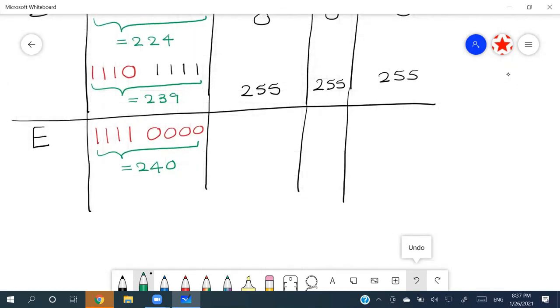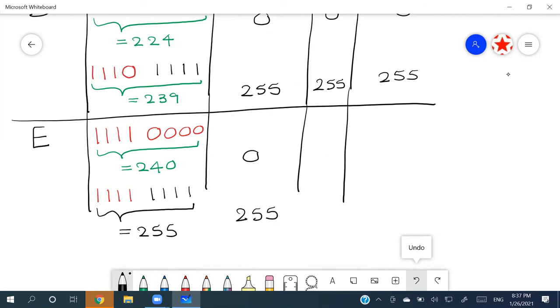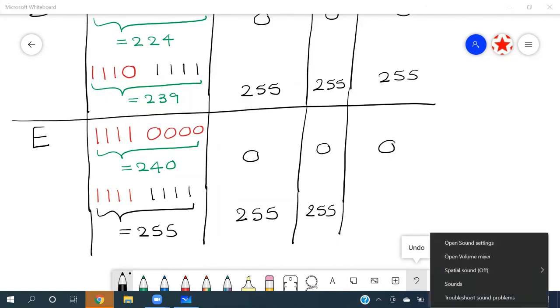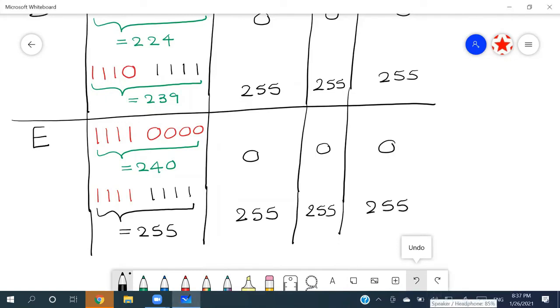The most value is 1111 and 4 ones, which gives you 255. The rest is the very same, 0 to 255, 0 to 255.